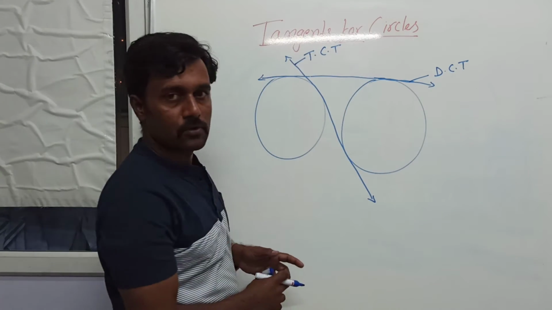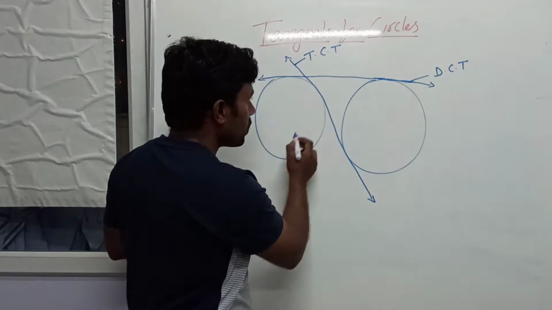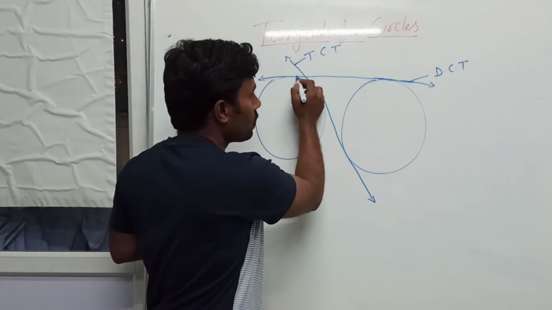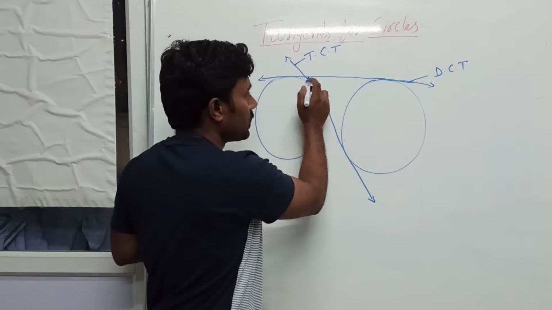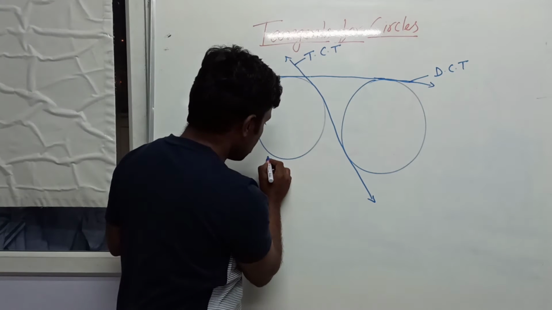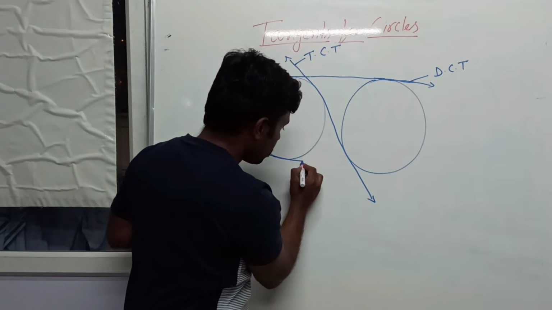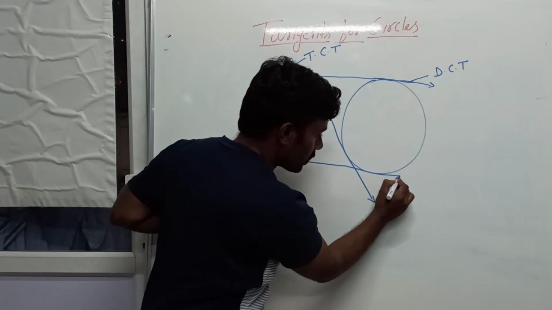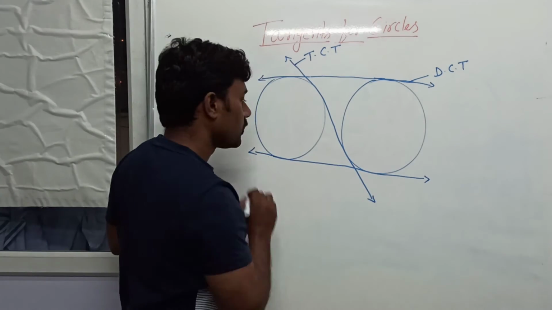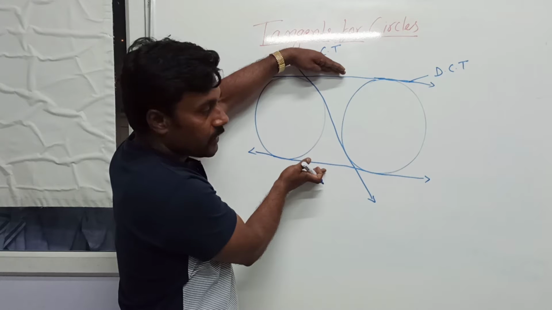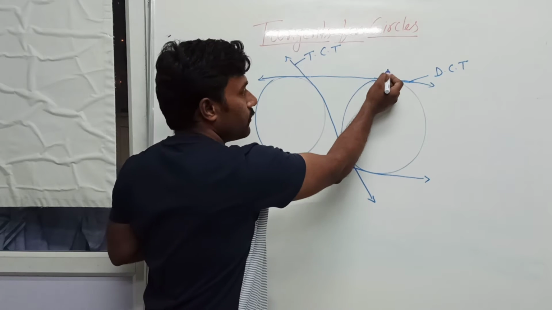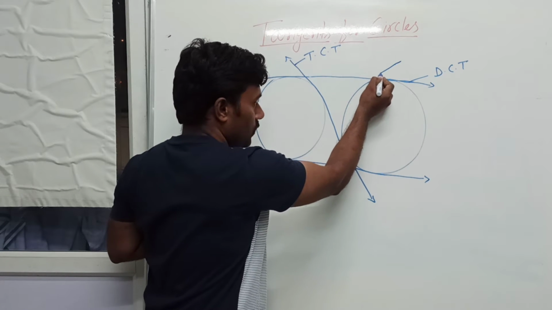So we have two direct common tangents. One more direct common tangent, parallel to this tangent, is here. You can draw like this. This is also a direct common tangent. These two are direct common tangents, and we can draw one more transverse common tangent.